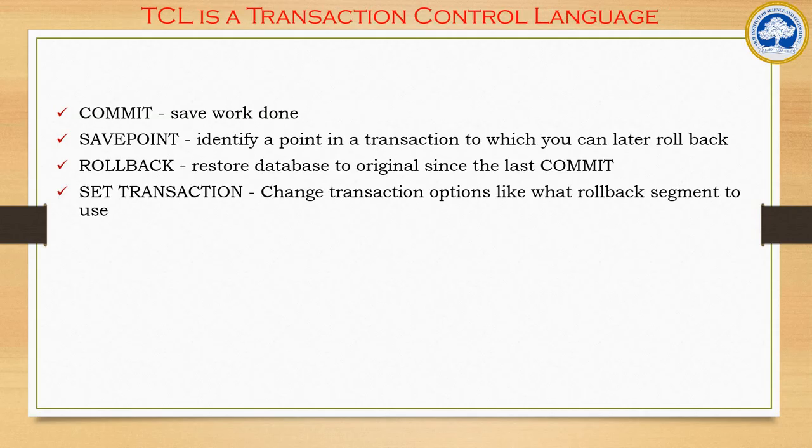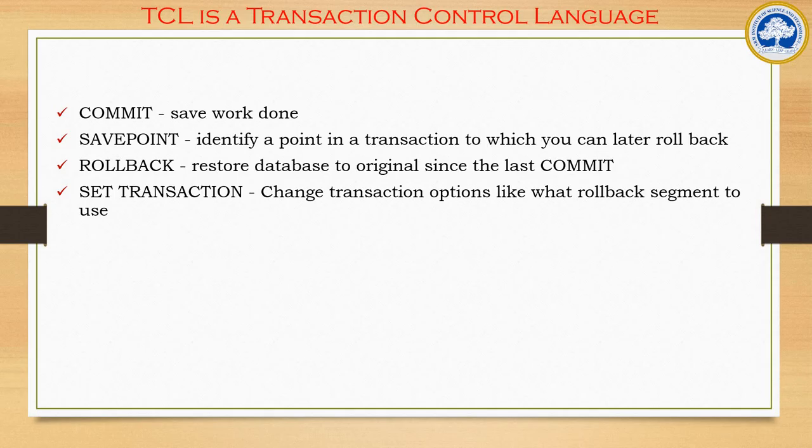And next one is TCL, transaction control language. Whenever we are dealing with multiple concurrencies, data transactions are going to happen. During the transaction, what functionalities do we need in the database? Here there are four different functionalities: commit, savepoint, rollback, and set transaction.